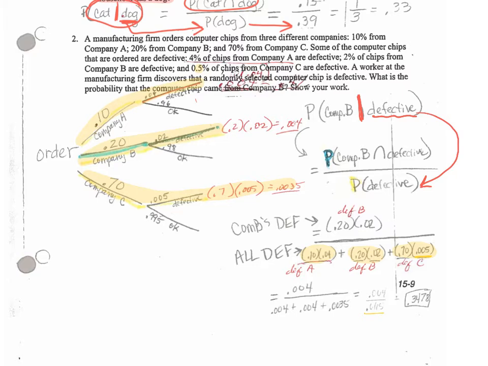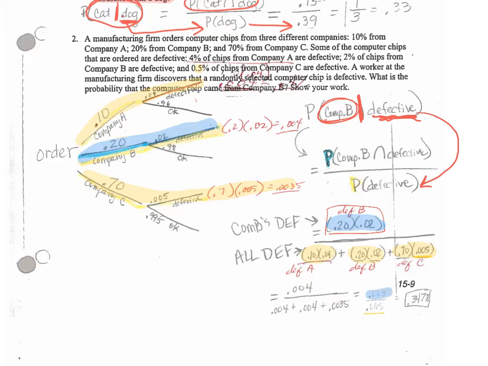All right, so the total on the bottom is 0.0115, and the question says, given that they are defective, what's the probability that they came from company B? So that means I want the company B piece on top. That is this right here. The company B piece goes on top.